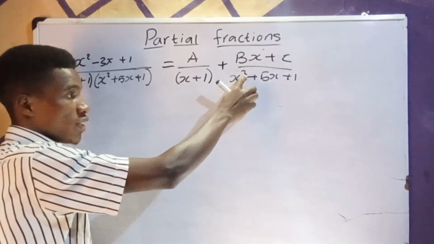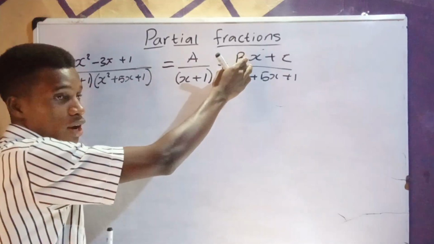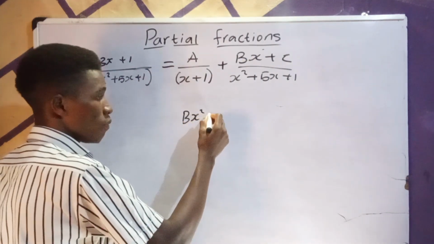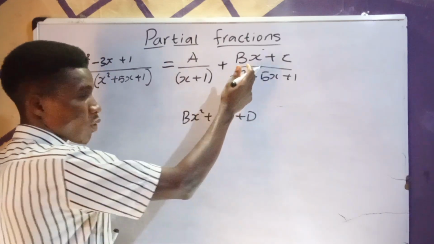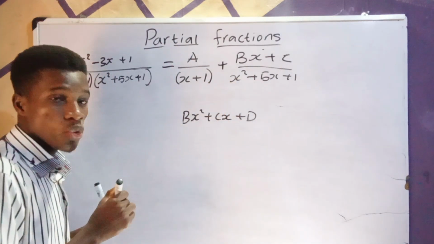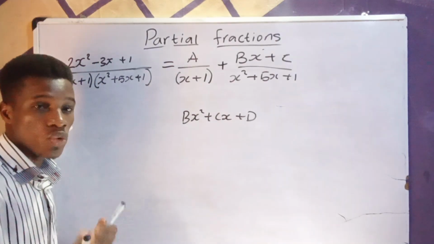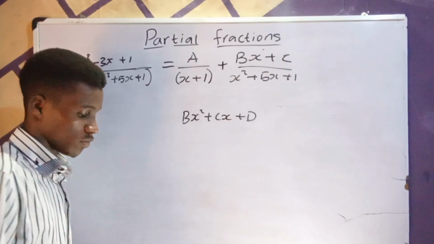If I had x raised to the power 3 here, we would write our possible partial fraction in this form: bx squared plus cx plus d. So this is how we follow it. We always present it, we are like setting it and saying this is how it may look. So let's solve and see what I mean by this explanation.